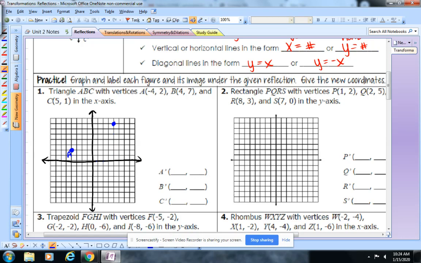So you know 7 is going to be 1 down if it goes to 8, right? So to me, it's easy to kind of memorize that. So there's B, and C is at 5, 1. Okay, so there's the original pre-image triangle. I should have used a ruler. So connect the points, make a triangle.